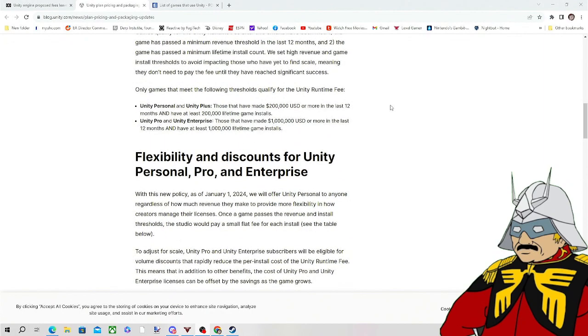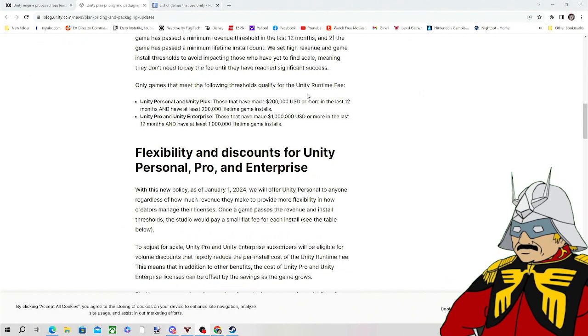Which means the way it works is they're trying to say if you made this amount and you have an install base of this amount of people, they're going to charge you a certain category, which they call Unity Personal, Unity Plus, Unity Pro and Unity Enterprise.